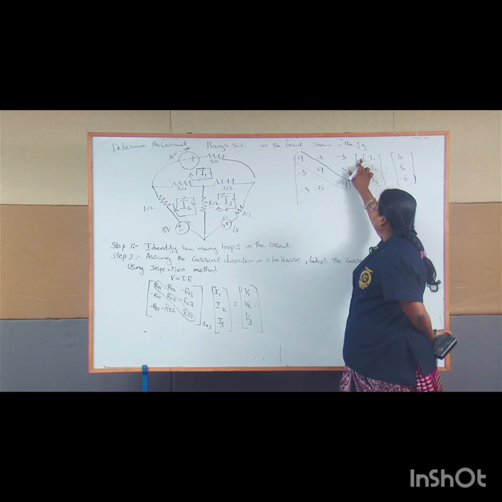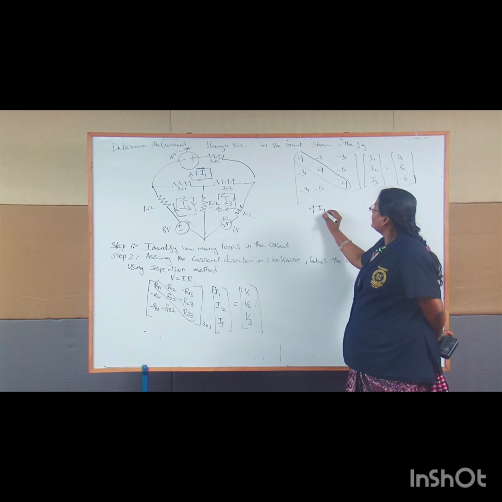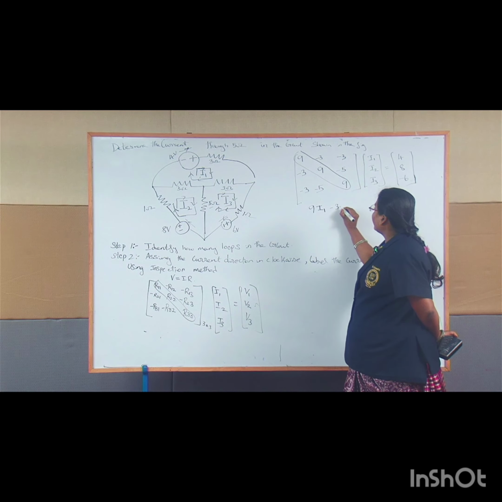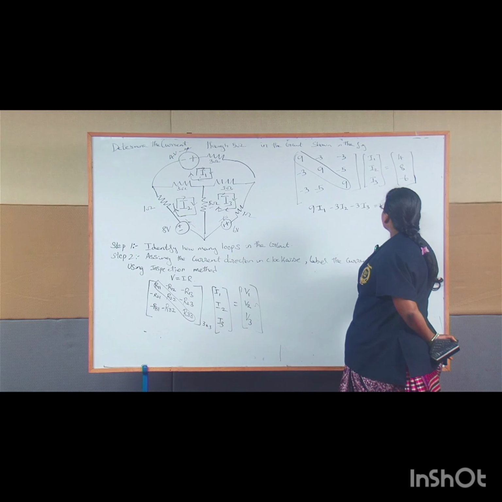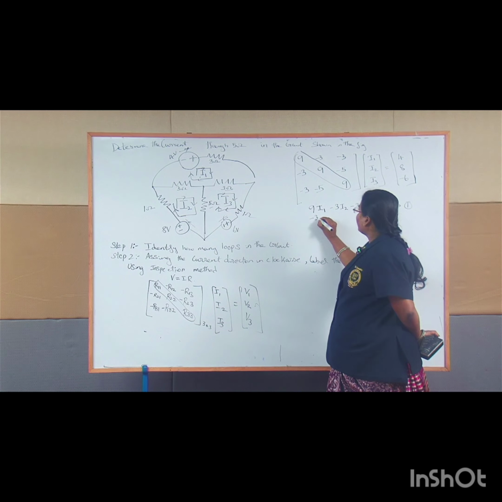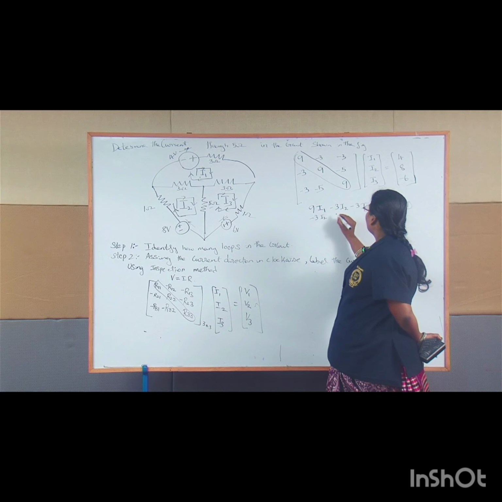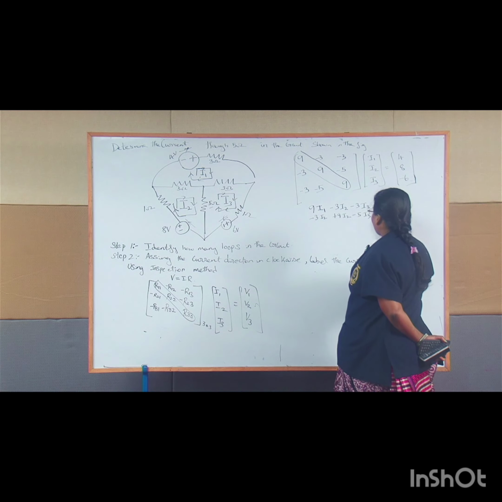So 9I1, row into column. 9I1 minus 3I2 minus 3I3 equal to 4. This is equation 1. Similarly here, minus 3I1 plus 9I2 minus 5I3 equal to 8. This is my second equation.